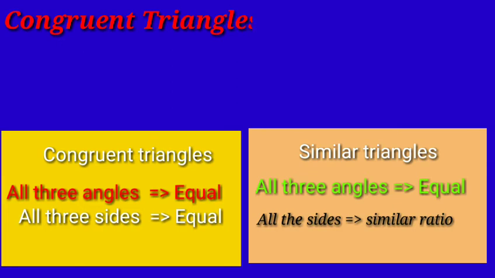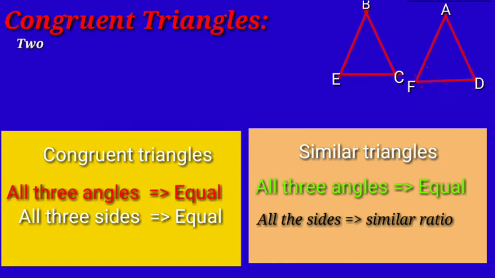Similar triangles have equal angles while all sides have a similar ratio, while congruent triangles have equal angles and all sides are equal.